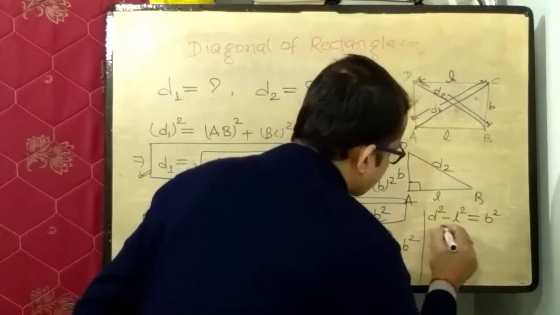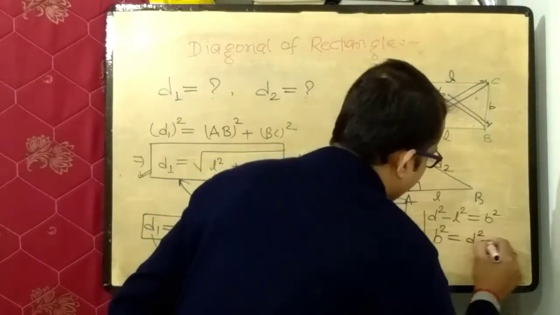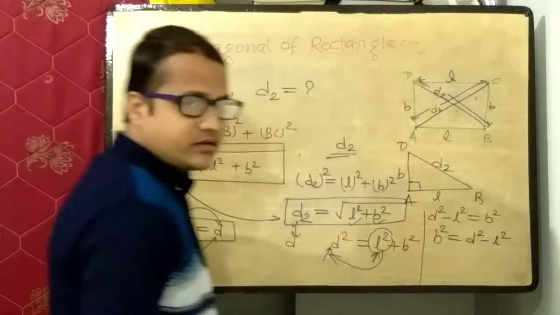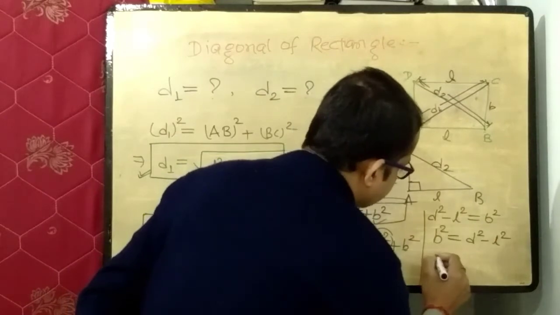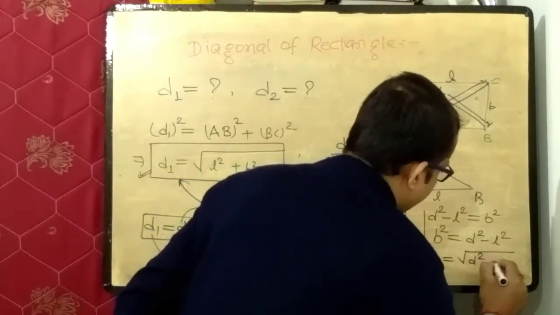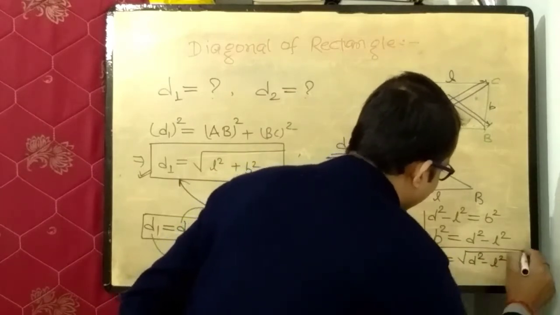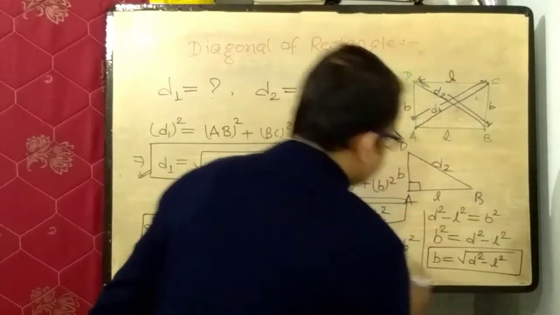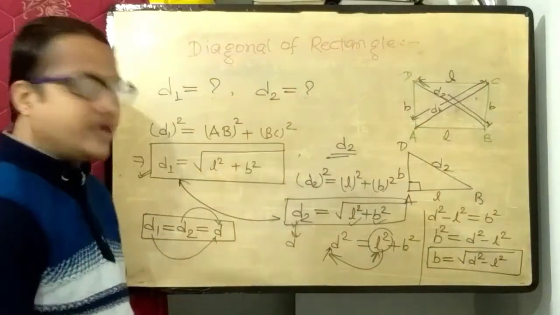Now b square equals d square minus l square. Take root on both sides, so b equals root over d square minus l square. So you can easily calculate the breadth of the rectangle.